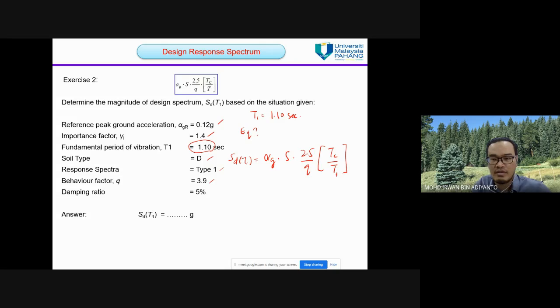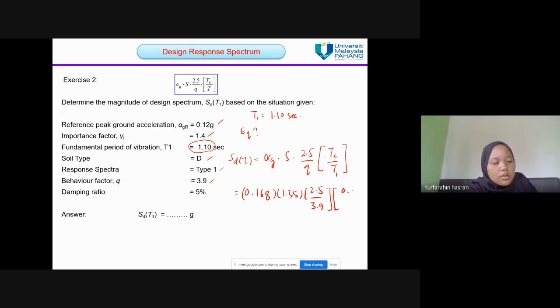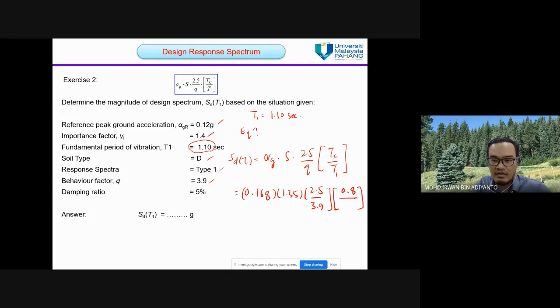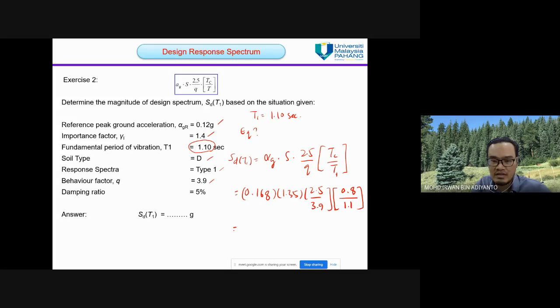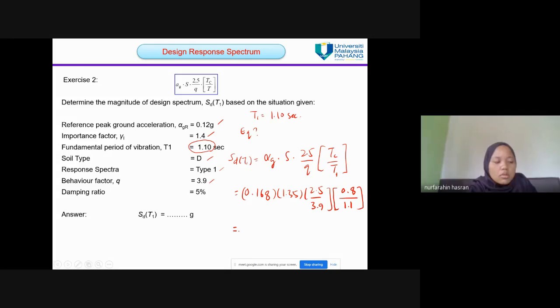Okay, this is T1. So, what is the value? It is 0.168 times 1.35 times 2.5 over 3.9 times, what is TC? 0.8 over 1.1. Okay, what is the answer? 1.10.